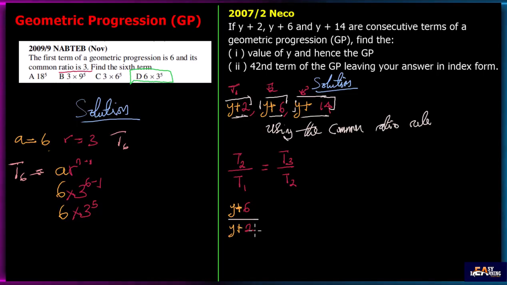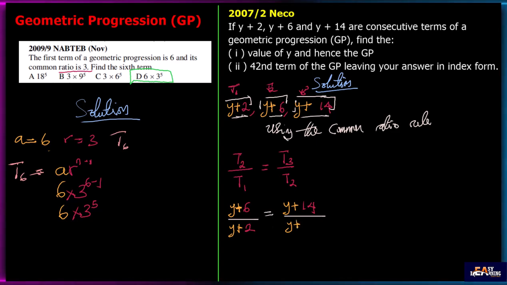Now we are told that all this will be equal to term 3 over term 2. Term 3 is y plus 14, so let's have y plus 14, and we're dividing it with term 2. Term 2 is y plus 6.